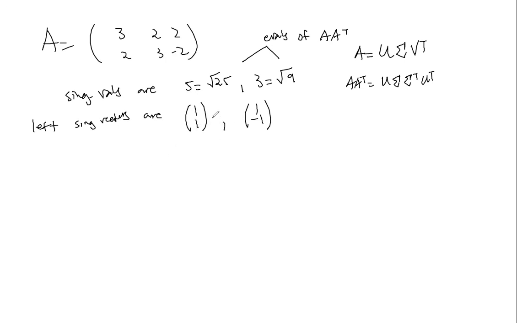So U1 equals (1, 1) over root 2. Now we need to find the right singular vectors, V1 and V2.